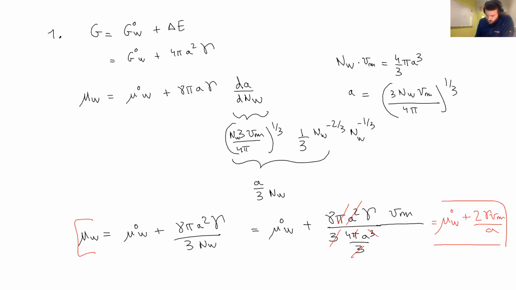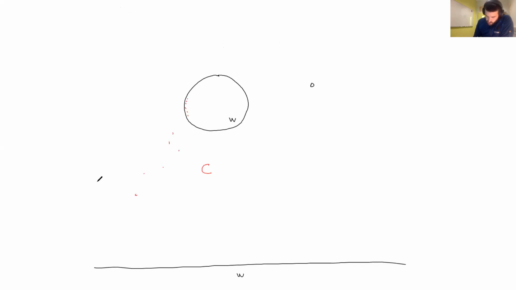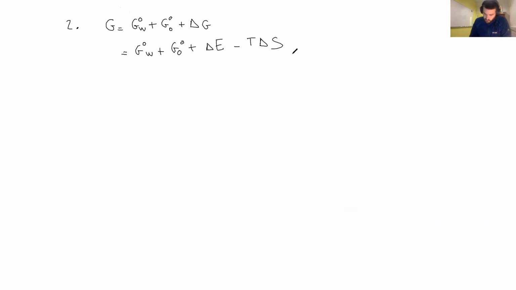But now that I'm considering the water molecules here in the oil, of course, entropy matters because I'm not considering the single droplet as before, but now I have plenty of molecules that are scattered all around and they can really exchange positions and explore the phase space. So I have an important entropy contribution.